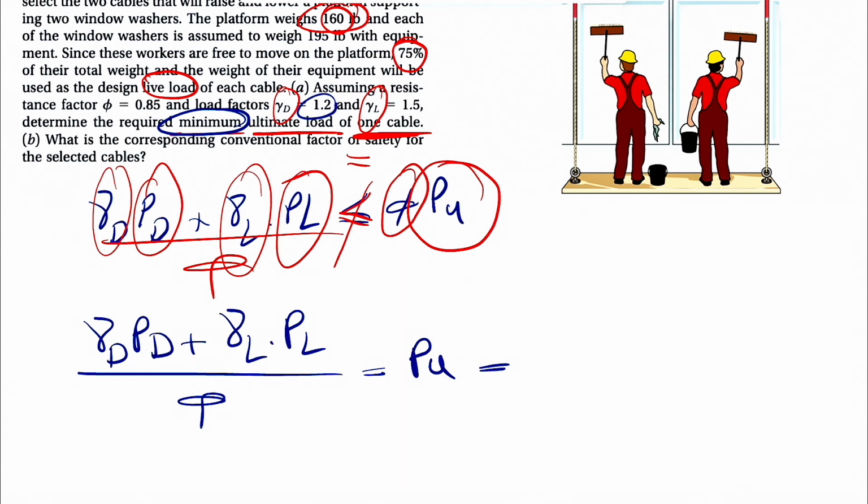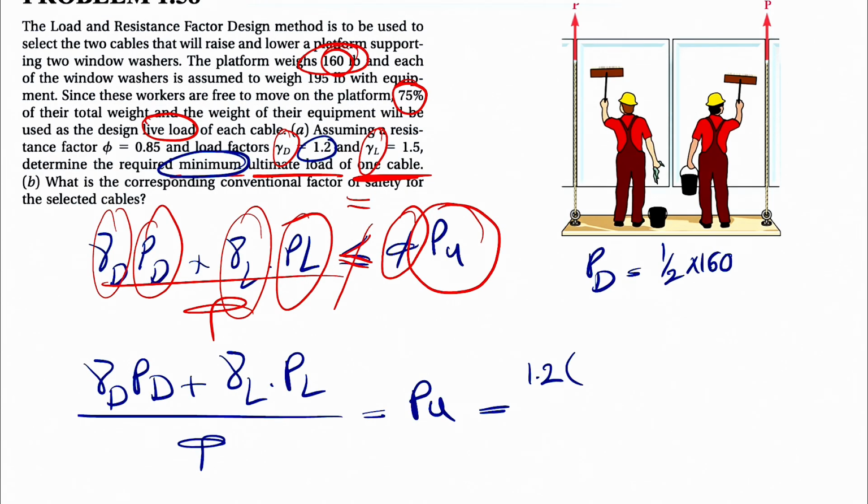As I said, it's 1.2, as we can see in the question, 1.2 times PD. And PD, as I mentioned, is the weight of the platform that is supported by two cables. So we're going to divide that by 2 because we have two cables. The dead load would be half of that for each cable, so 160 divided by 2.